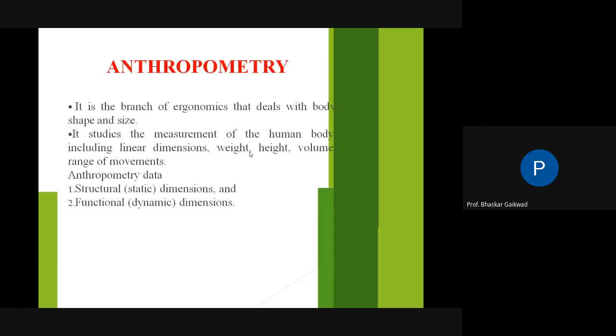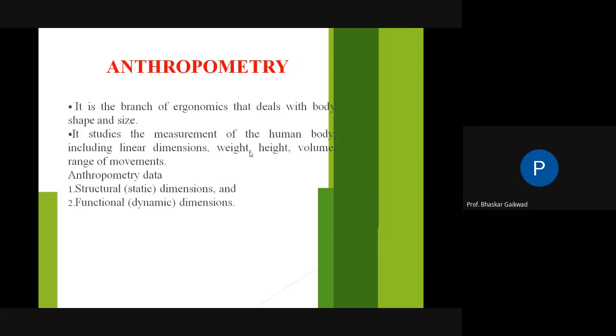Next is anthropometry. It is the branch of ergonomics that deals with body shape and size. So what actually is anthropometry? Ergonomically, it is the measurement of the whole of our body shape and size.